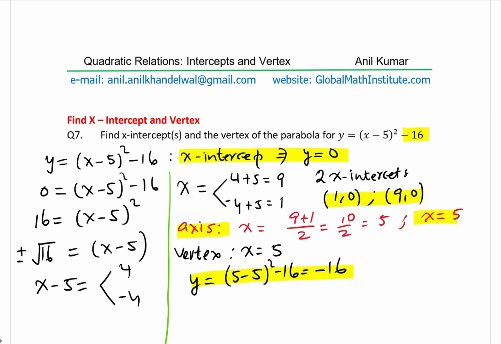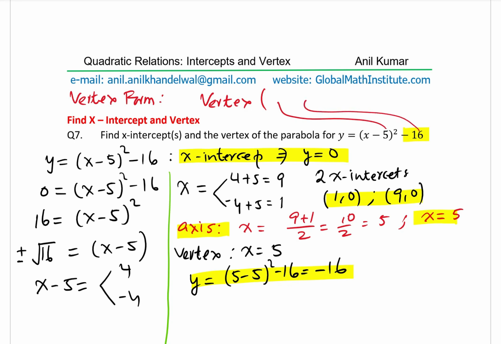Now from the equation, you can always find, this is called the vertex form, which you are going to learn soon. So from vertex form, we can read the vertex. We have the vertex as, this is the x value and that is the y value, correct?